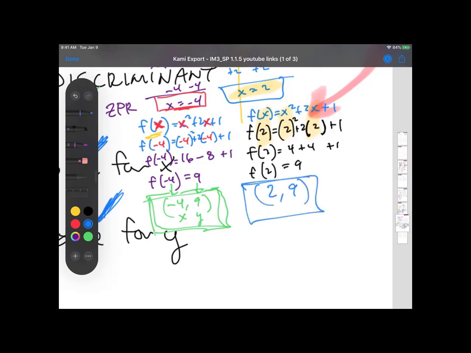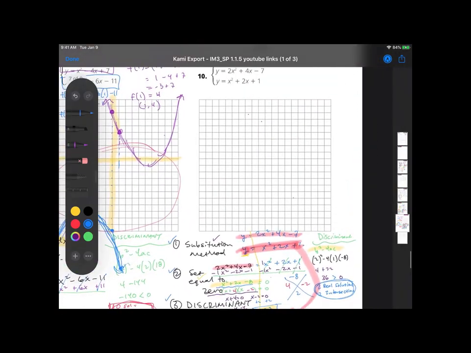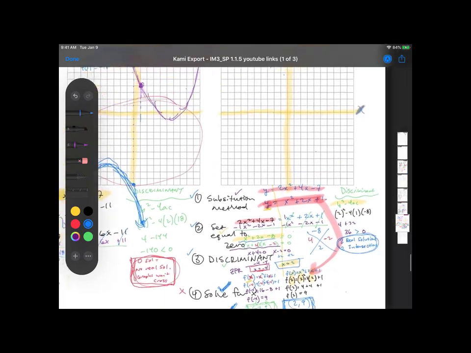Okay? So let's transfer those up on our graph. Okay, remember this is our x. X, this is our y. And we're going to put up our points of intersection. 2, 9.